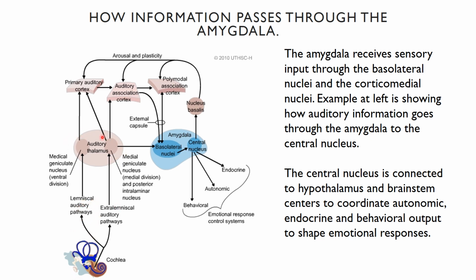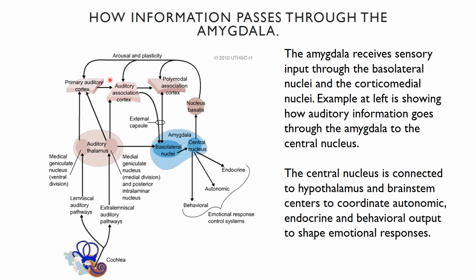It goes through the auditory thalamus, and there are inputs directly into the basolateral nuclei. There are also, of course, other inputs from cortex into the basolateral nuclei through other cortical areas. So not only do you have the direct thalamic input, say you hear a gunshot, you're going to have an immediate response that will pass through the amygdala that will give that fear response. It goes through the amygdala to do this.